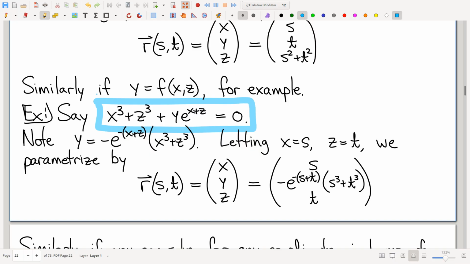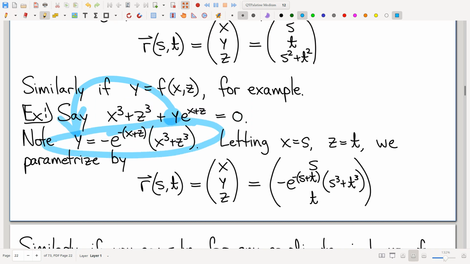So we try to solve for z, and you're not going to be able to, but we can solve for y. And if you solve for y, you get this. My input variables are now x and z. I'm going to let my parameters be x and z.